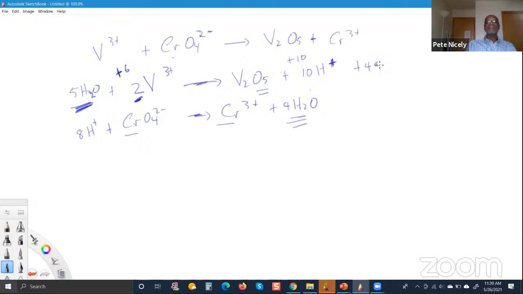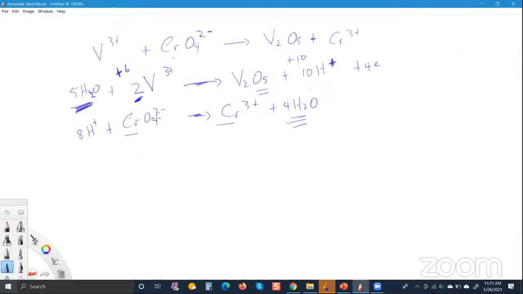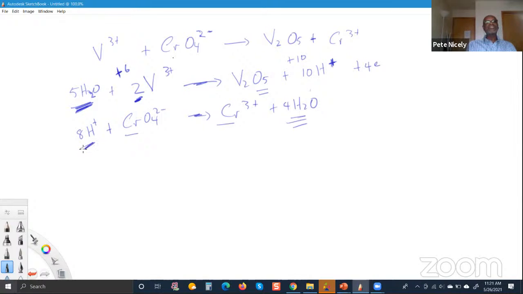Very good. All right, let's do the same for the second half equation. So how many charges total do we have on the left side for the second half equation? We got 8. Is it 0? Nope. You have 8 plus charges here, and you have -2 here.